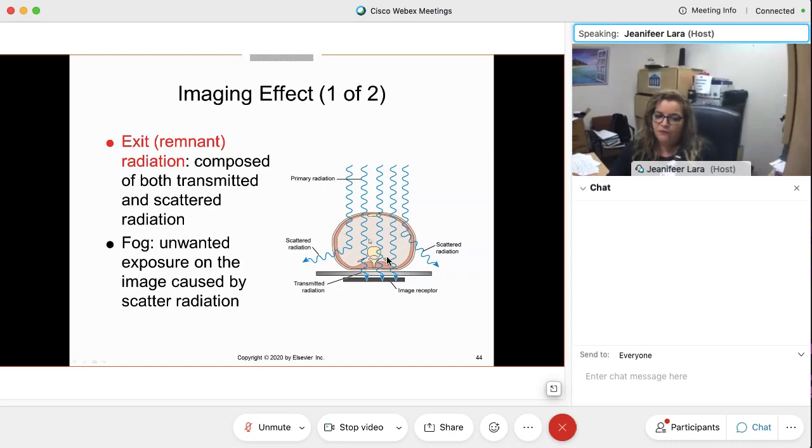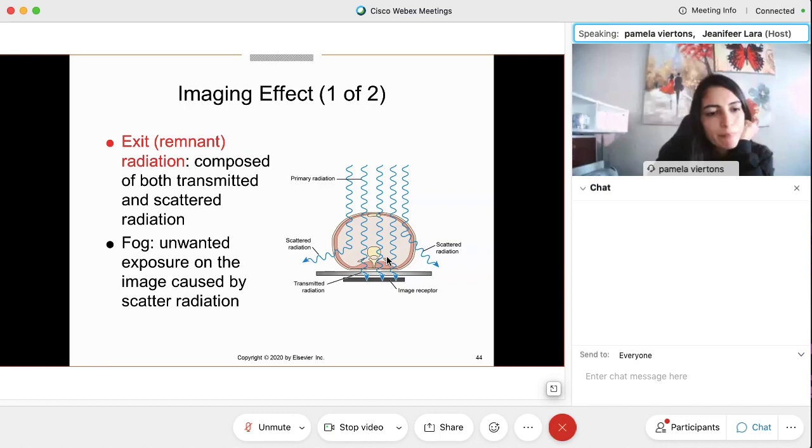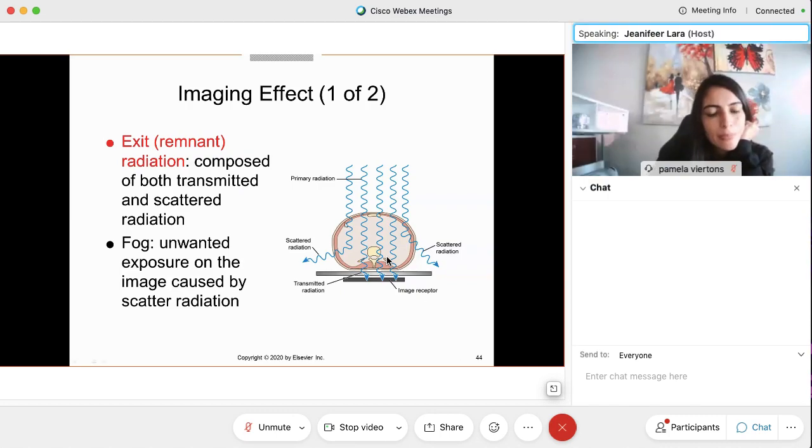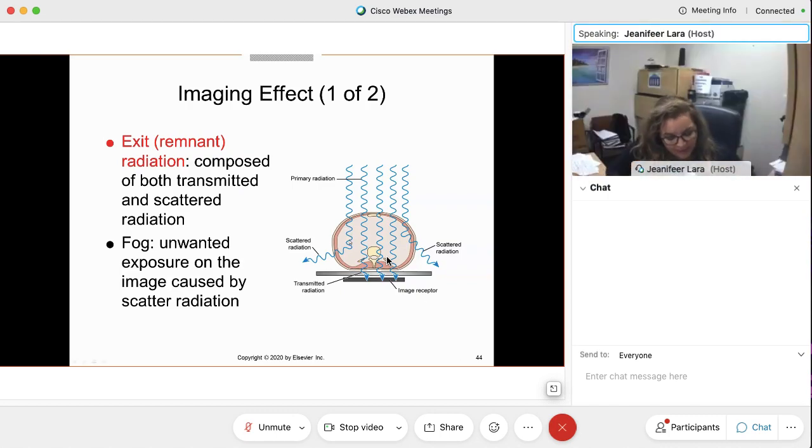Now, we know fog is caused by what, Pamela? Fog is caused by the Compton scatter. So we know that once this, now we had this conversation before. Why do Compton scattered photons not produce anatomy? Can anyone explain that to me?